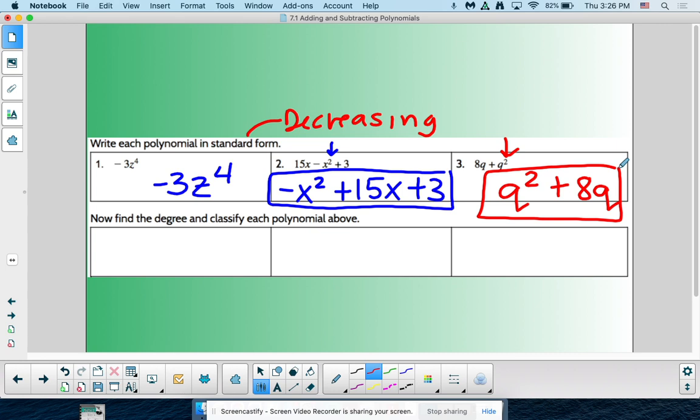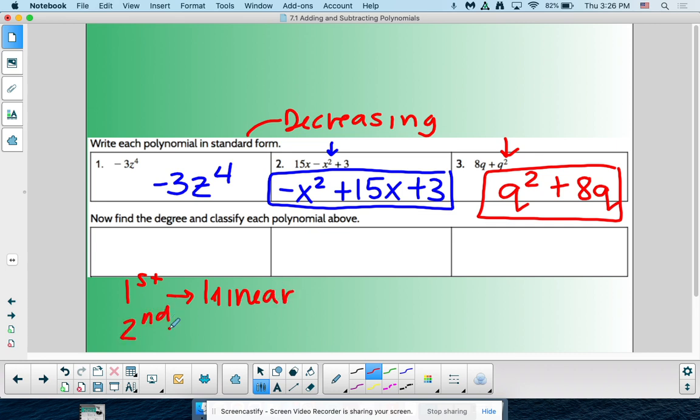Now it says find the degree and classify each polynomial above. I almost wish we should write a table for this. Folks, on the very bottom of this page, under where it says your turn, will you write this little table? If it's to the first power, it's linear.